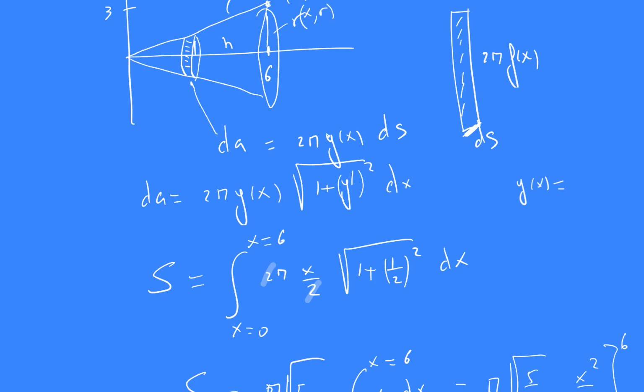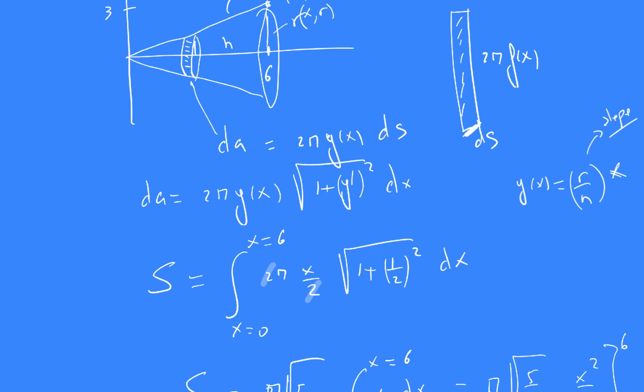And the equation of the line that passes through the point x equal r will be r divided by h, which is the slope, times x. This is the slope, and this is the graph of the function.